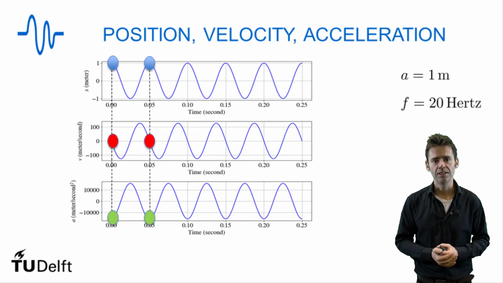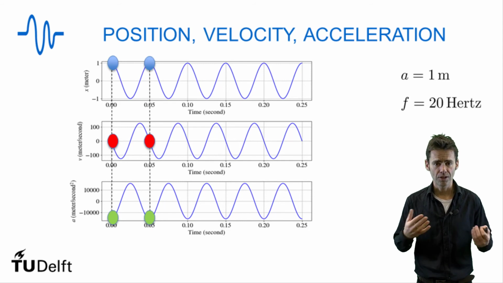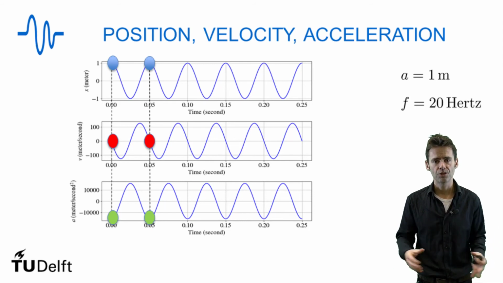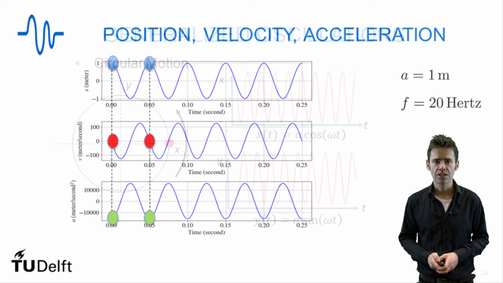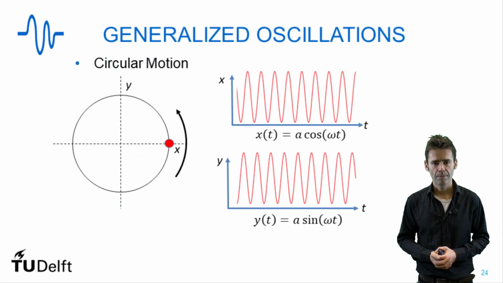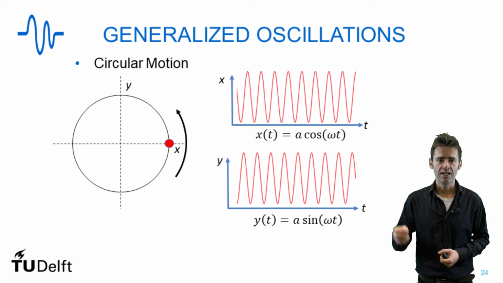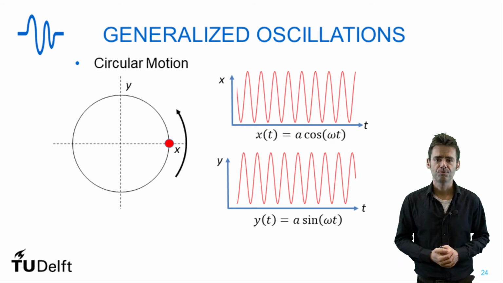Now, to give you an idea of the value of harmonic oscillations for a wider range of physical problems, you can also consider the motion on a circle. The motion on circles may be something you have seen in the spark, where you have seen the light moving on the bicycle wheel.